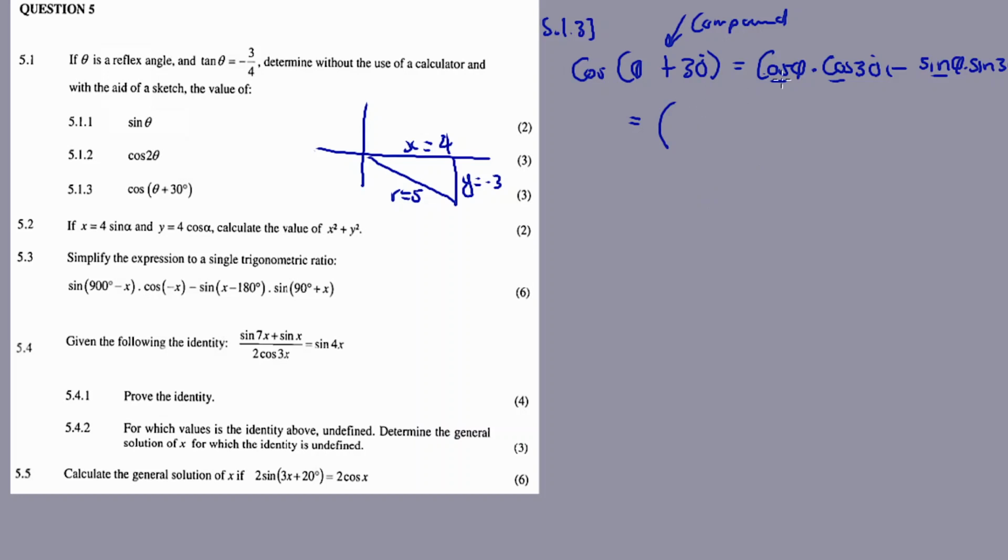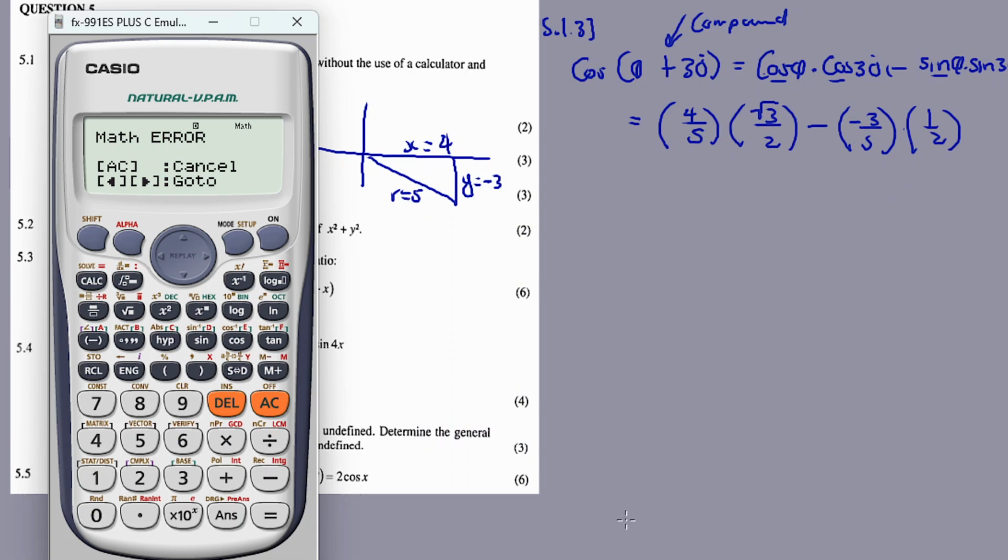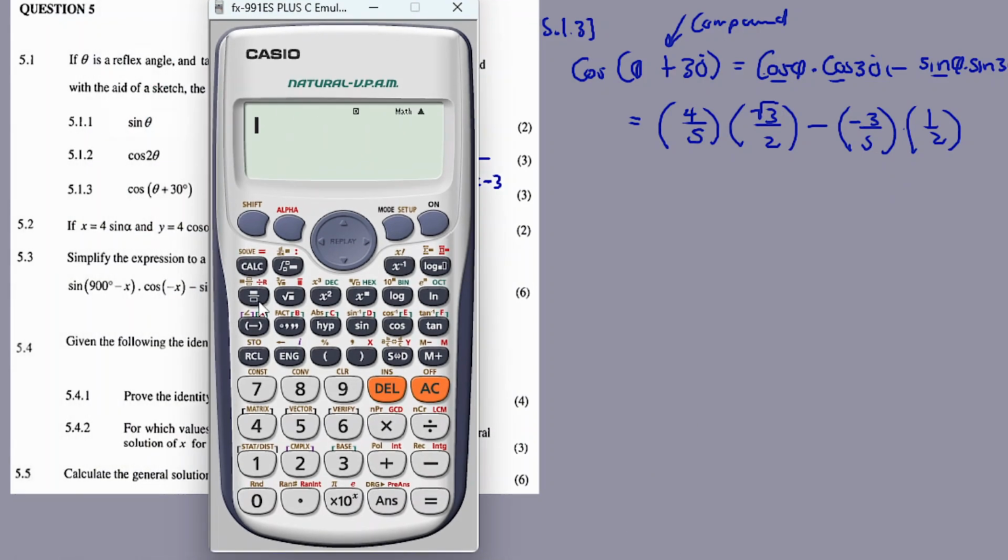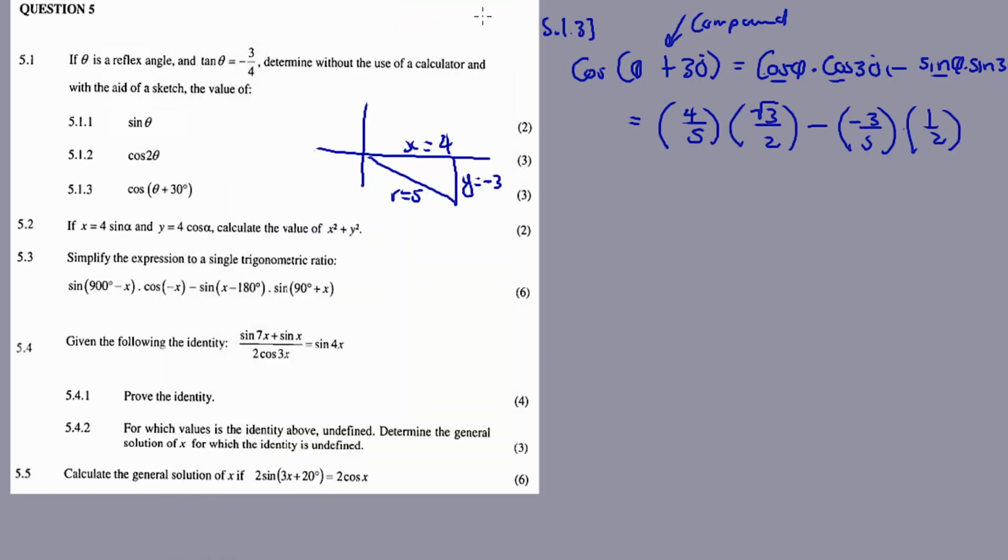So cos theta is adjacent over hypotenuse, 4 over 5, times cos 30 which is square root 3 over 2, minus sine theta, which is opposite over hypotenuse, so minus negative 3 over 5, multiplied by 1 over 2. Let me use the calculator for this.